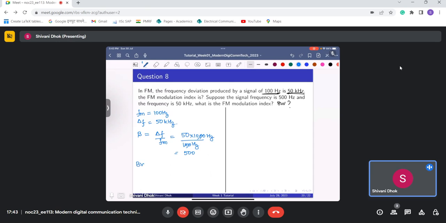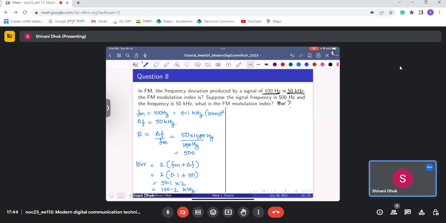And now again this bandwidth is basically 2 times Fm plus delta F, which is 2 times Fm, 100 hertz, or this 100 hertz I can write as 0.1 kilohertz, that is 100 multiplied by 10 to the power minus 3. So I can write it as 0.1 kilohertz plus 50, that is 50.1 into 2, that is 200.2 kilohertz.